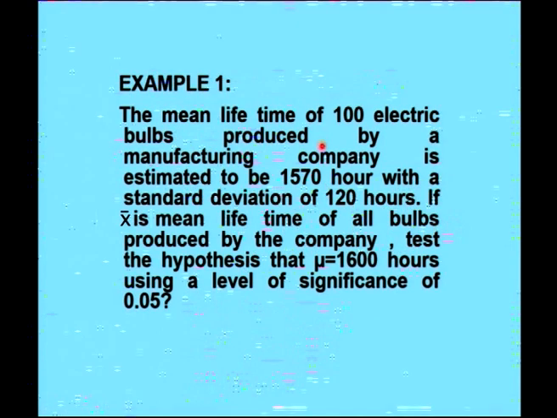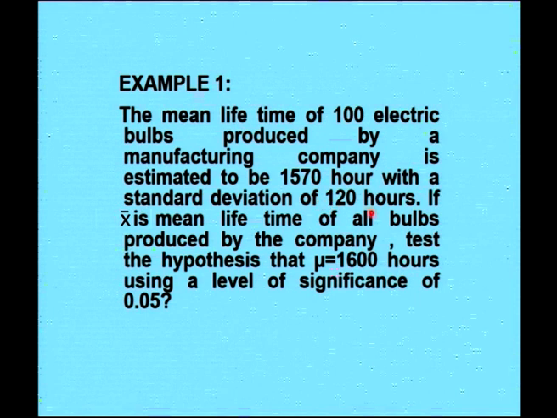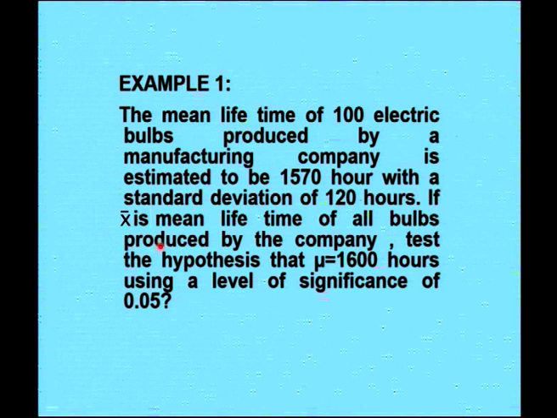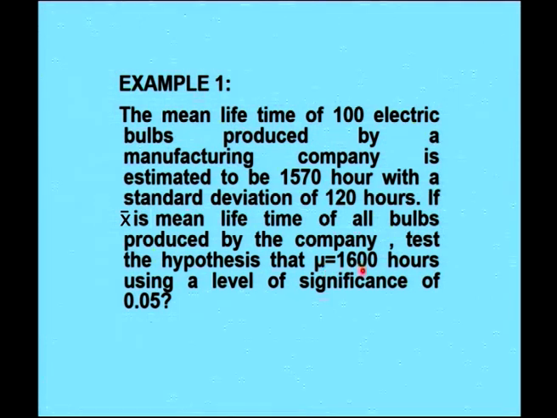Now we will do this problem. The mean lifetime of 100 electric bulbs produced by a manufacturing company is estimated to be 1570 hours with a standard deviation of 120 hours. If x bar is the mean lifetime of all the bulbs produced by the company, test the hypothesis that mu is equal to 1600 hours using a level of significance of 0.05.